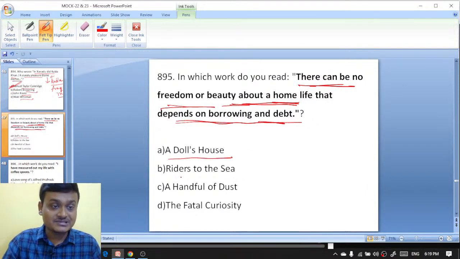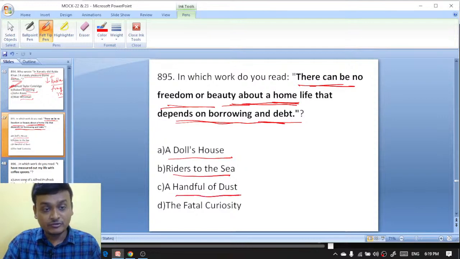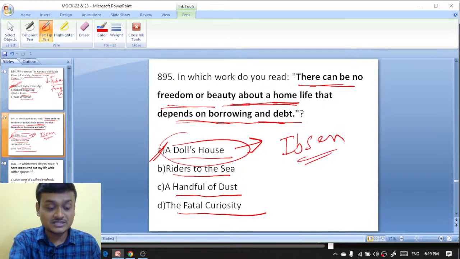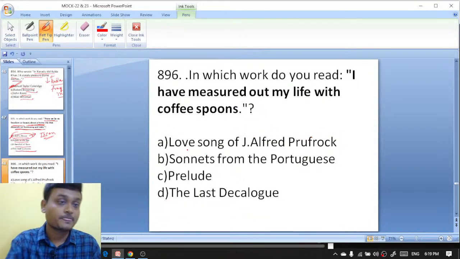Was it A Doll's House, Riders to the Sea, A Handful of Dust, or The Fatal Curiosity? These lines appeared in A Doll's House, written by Henrik Ibsen. Ibsen's famous work, A Doll's House, is where you can find these lines.